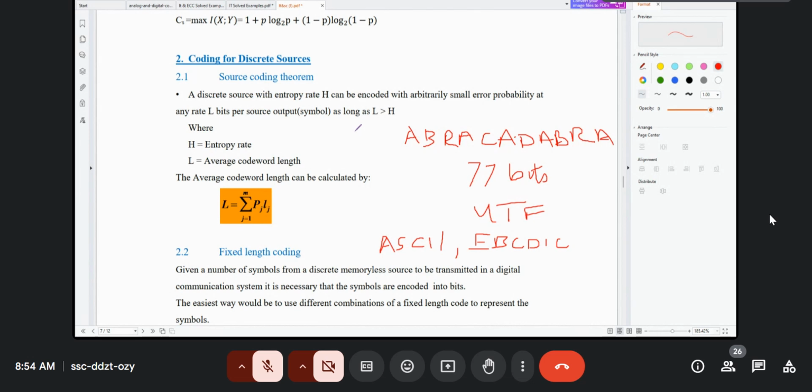That's the fundamental reason for communicating, or objective of communicating. You want to be able to reproduce your data as accurately as possible at the receiver.